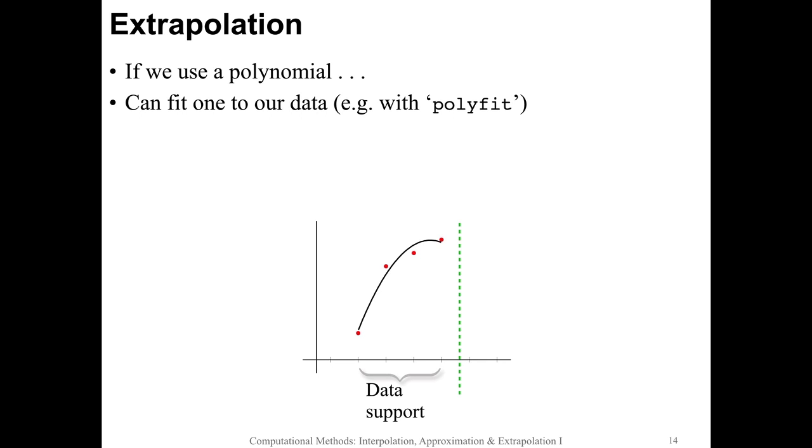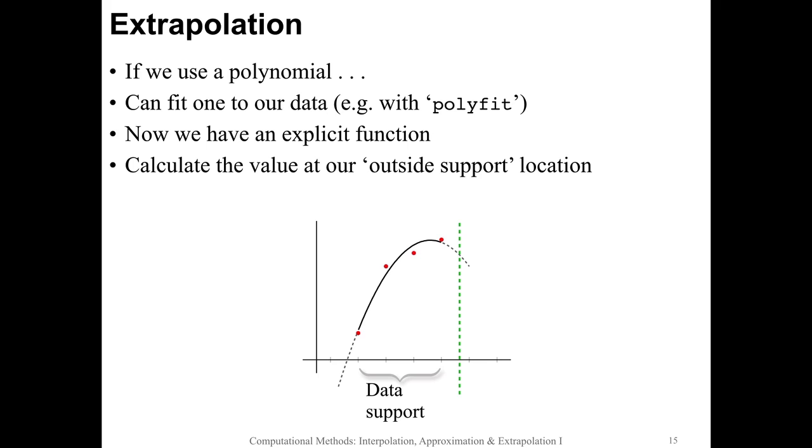And then basically we have this polynomial, we have its functional form, we have its coefficients, and then we can evaluate that function outside the range of our original data because we have this explicit function. And this ability to estimate a value for a measurement outside the original support is obviously what defines extrapolation.